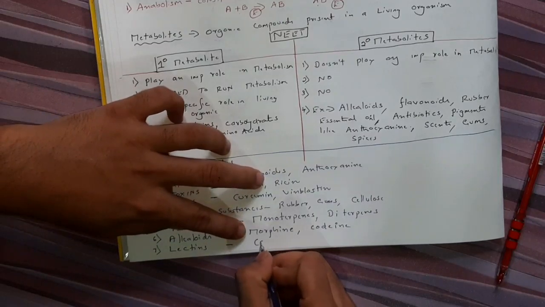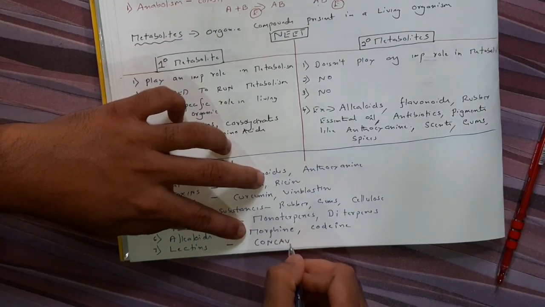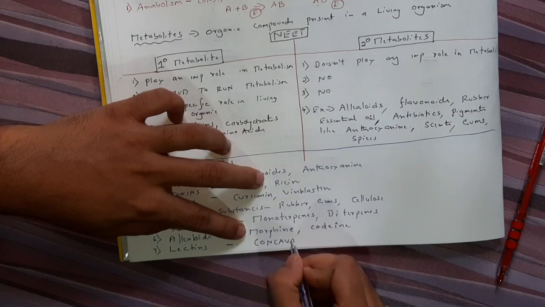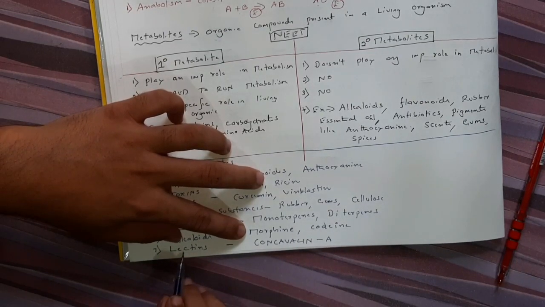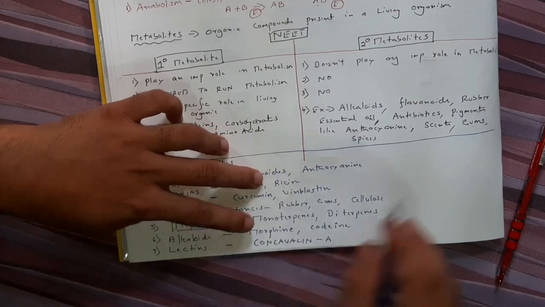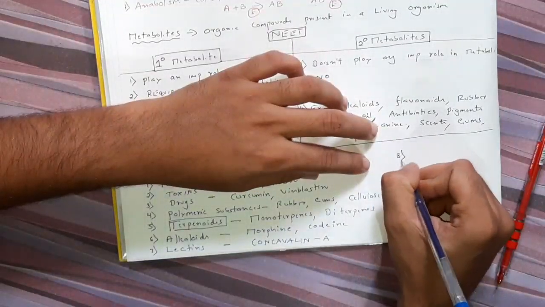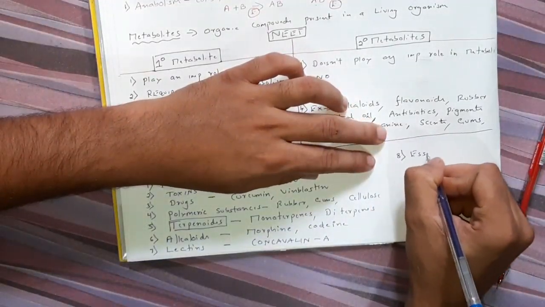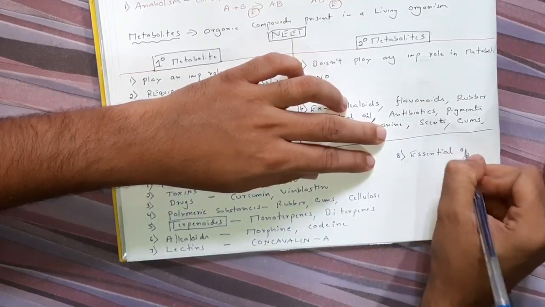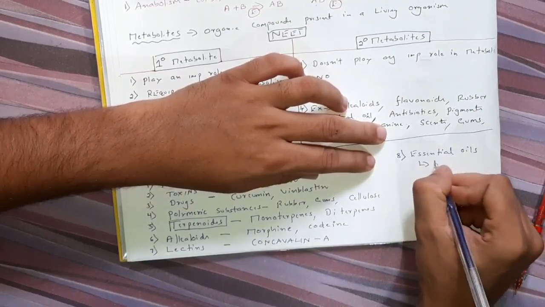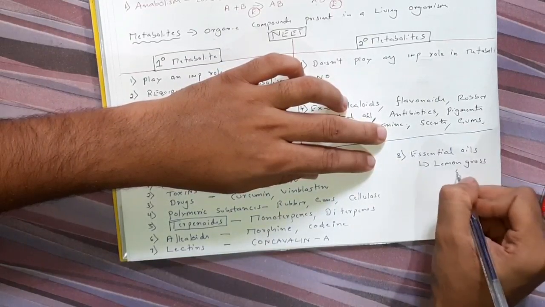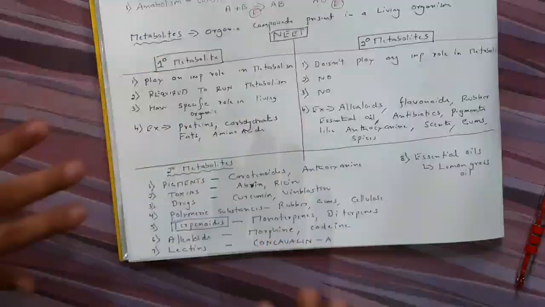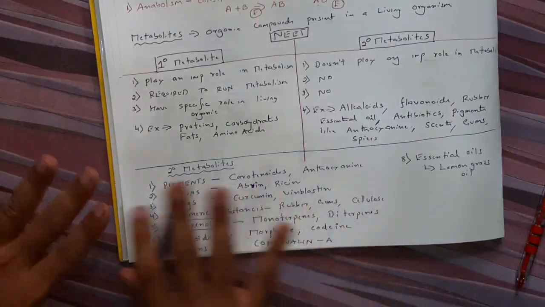A lectin example: concavalin A. Concavalin A is a very good example for lectins, another type of secondary metabolite. And I think the last one we have is essential oils. For that you can write lemon grass oil. Done.